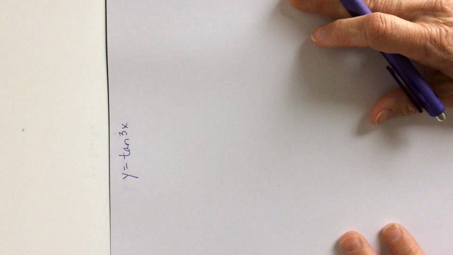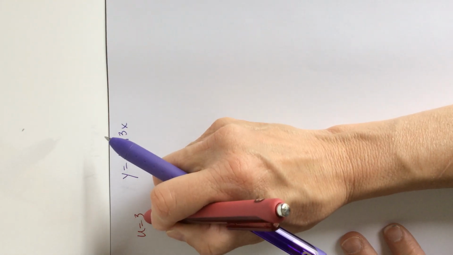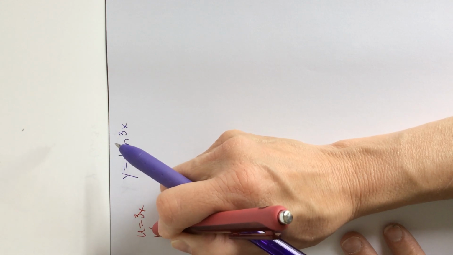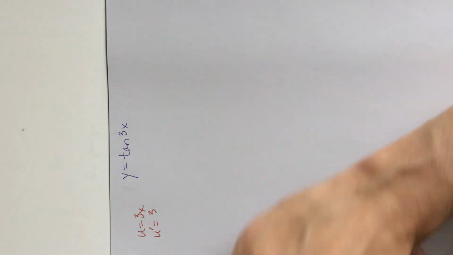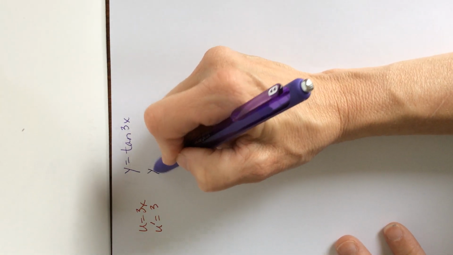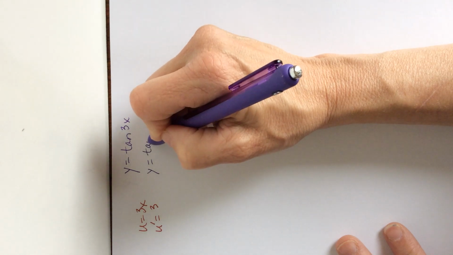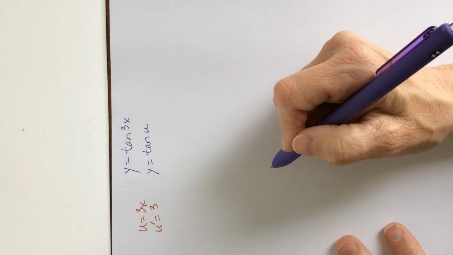Okay, now for the next example, tangent of 3x. Let's let u equal 3x, and therefore u prime will be 3. So now, when I rewrite this in terms of u, I have y equals tangent of u.